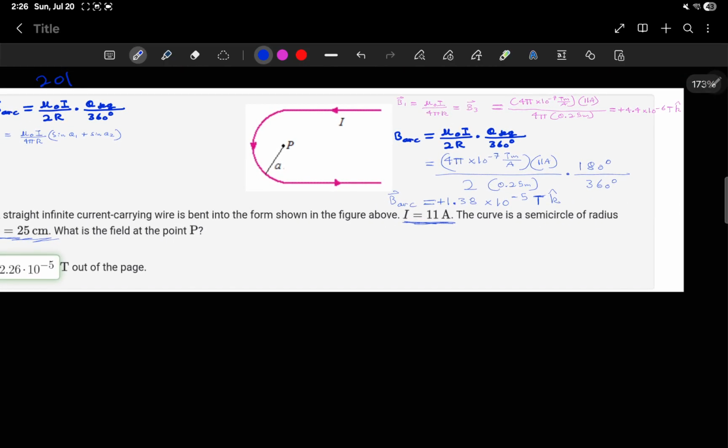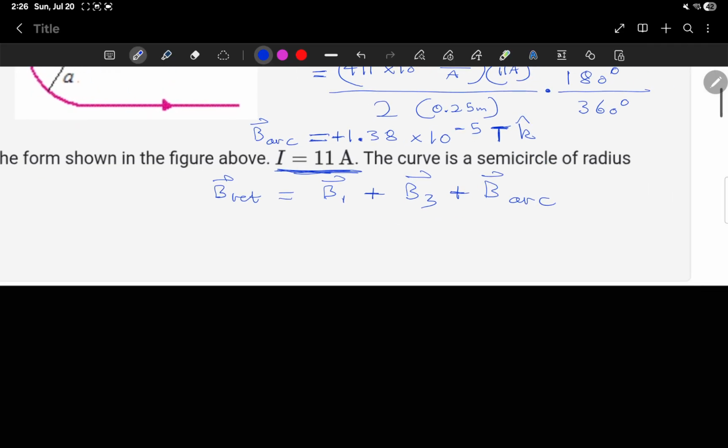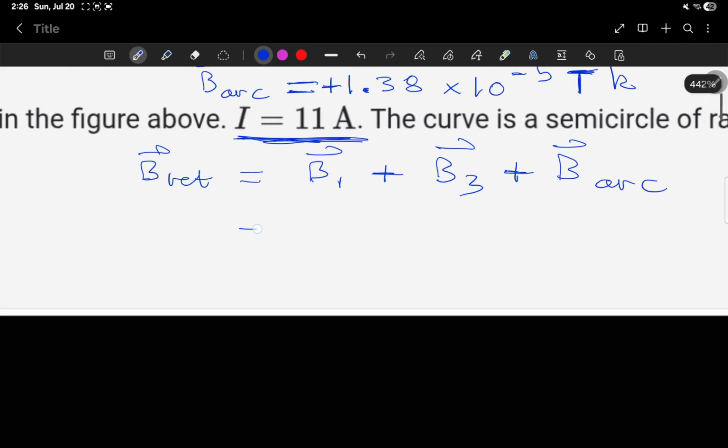And that's the last point. So the net magnetic field is going to be equal to the magnetic field from segment 1, the magnetic field of the other segment of the wire, which is B3, and then the magnetic field by the arc. So what are we doing?